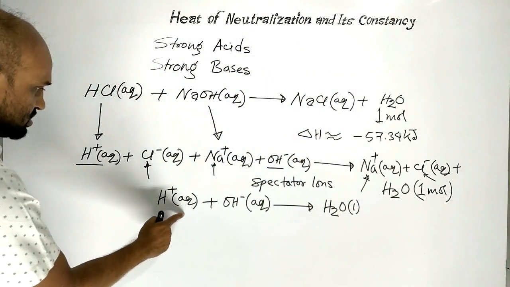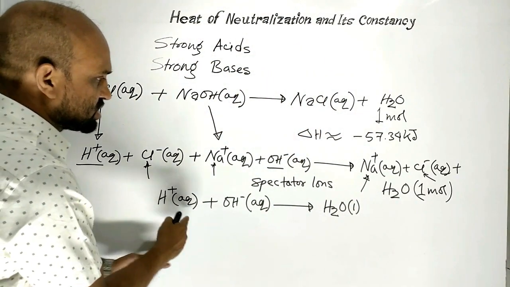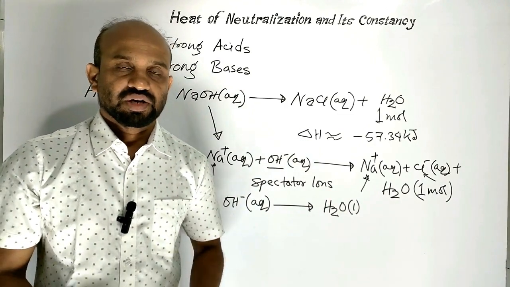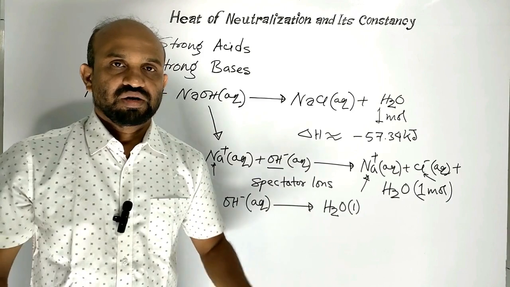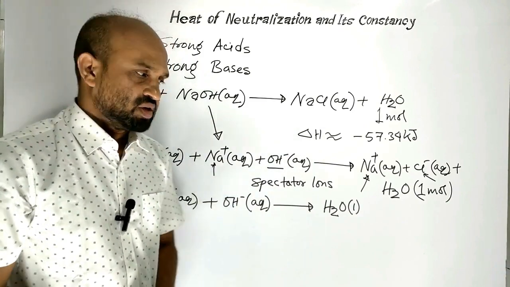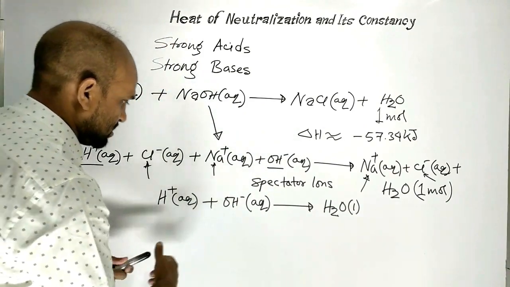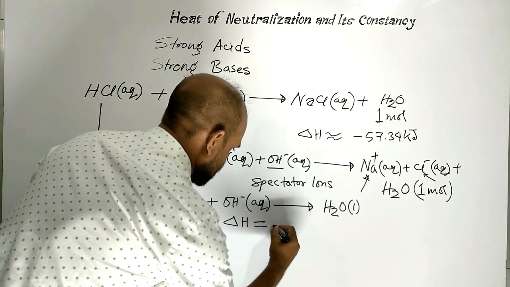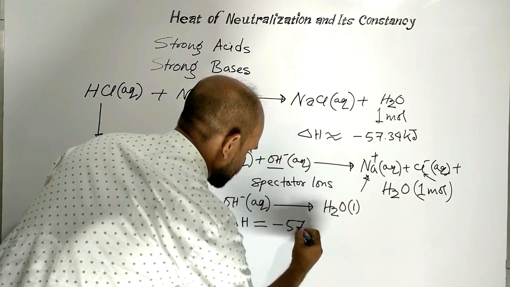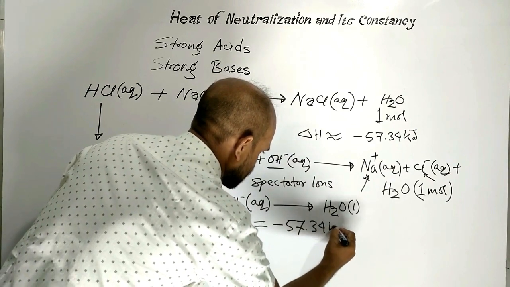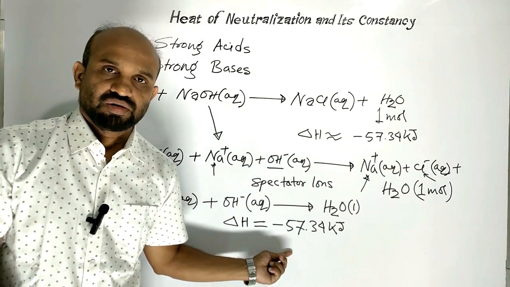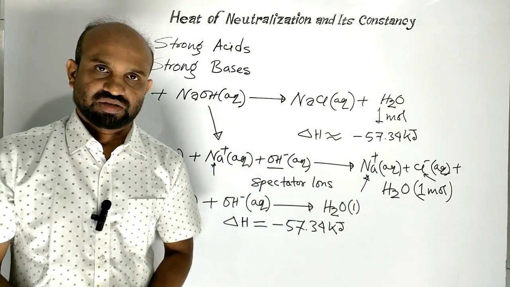Here we see that a combination reaction occurs. A combination reaction is a heat producing reaction, an exothermic reaction. Because of this reaction, this amount of heat is produced, which is called heat of neutralization.